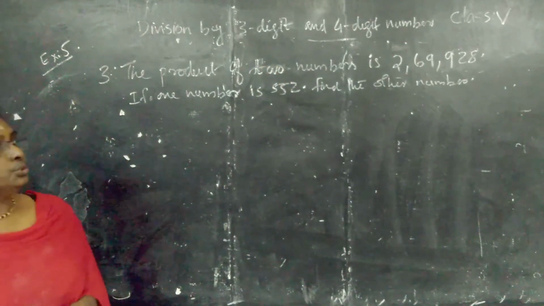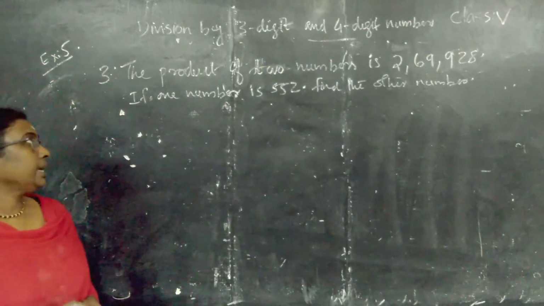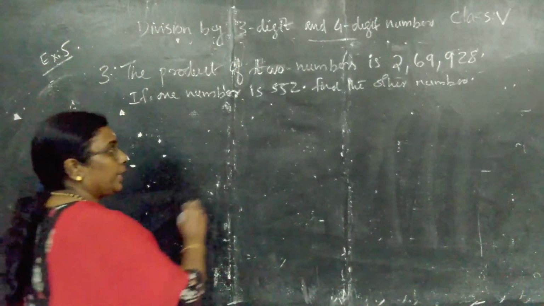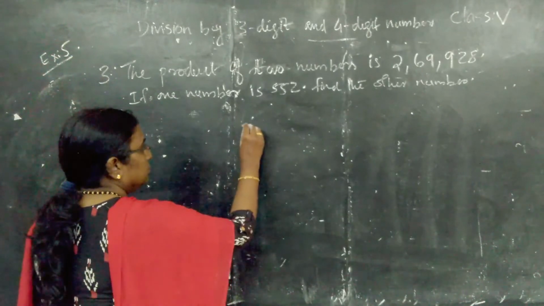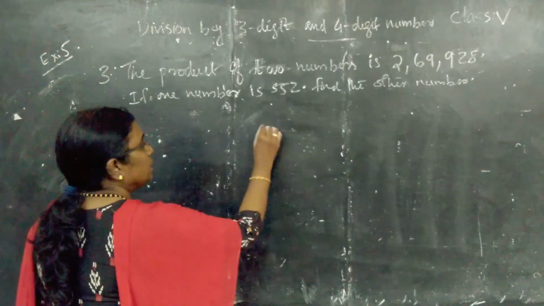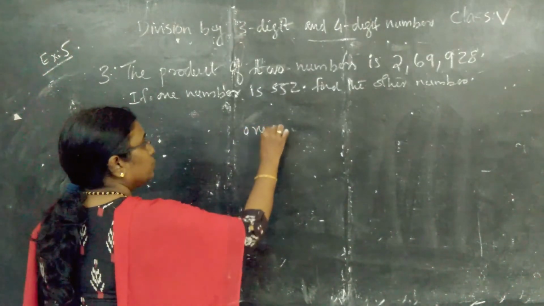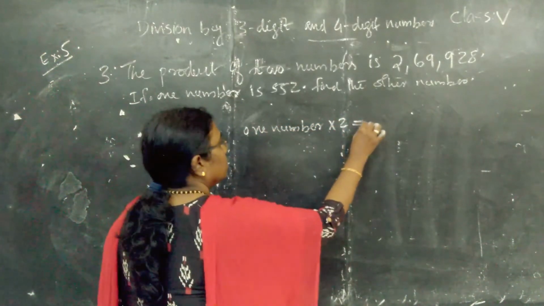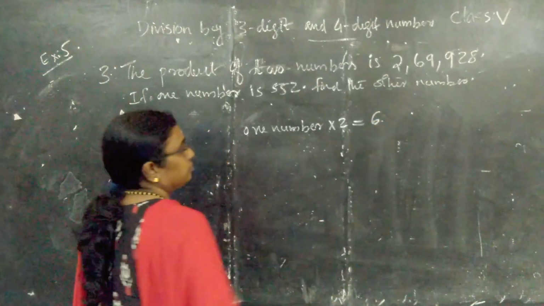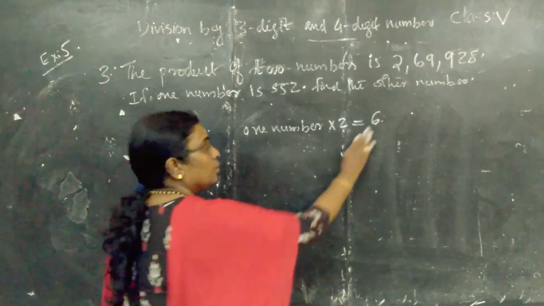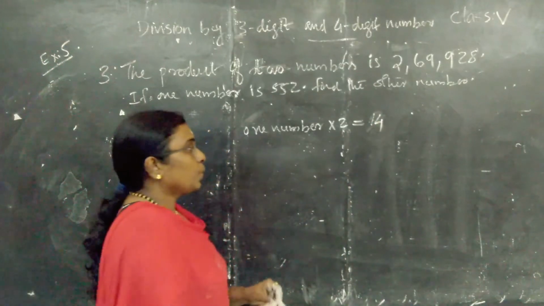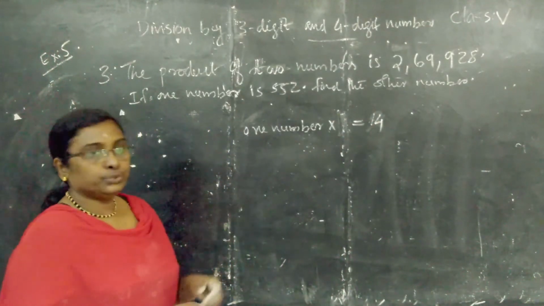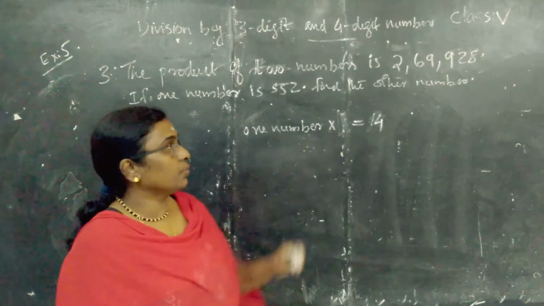The next question, the third question is, the product of two numbers is 2,69,928. If one number is 552, what is the other number? See one example. The product of two numbers is 14.